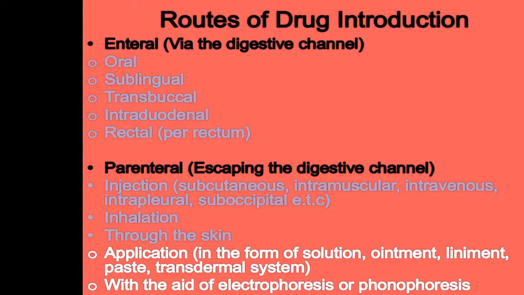If a drug activates peristalsis, absorption of another drug is decreased. And on the contrary, if a drug slows down peristalsis, absorption of other drugs is increased. It's very important to be very attentive in the administration of drugs for oral introduction.